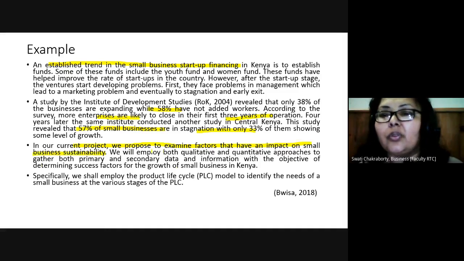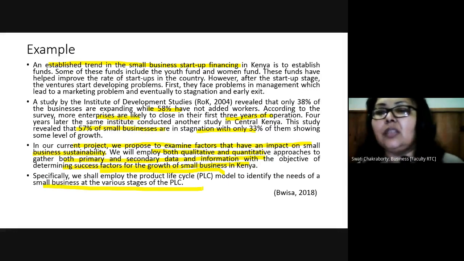Both qualitative and quantitative approaches would be employed for gathering both primary and secondary data and information, with the objective of determining the success factors for the overall growth of business in Kenya. More specifically, the product life cycle model will be employed to identify the needs of a small business at various stages of the product life cycle.